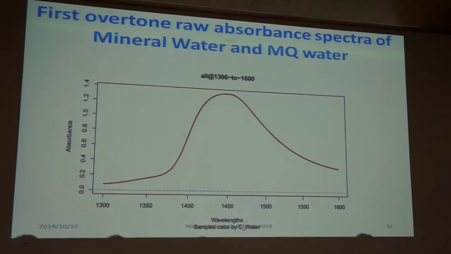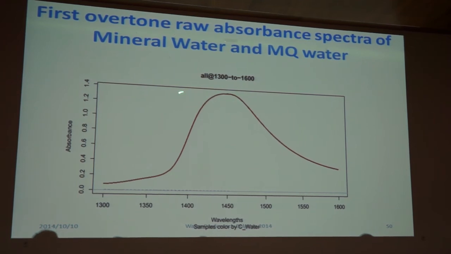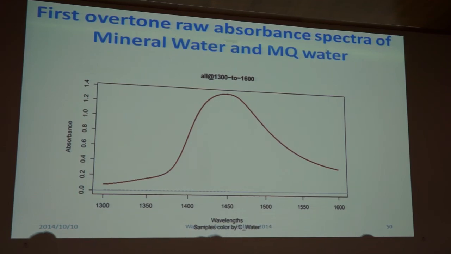How many minutes do I have? Okay, I'm very close. I wanted to show you the absorbance is around 0.36. And here we have many spectra, plenty, but we don't see it.